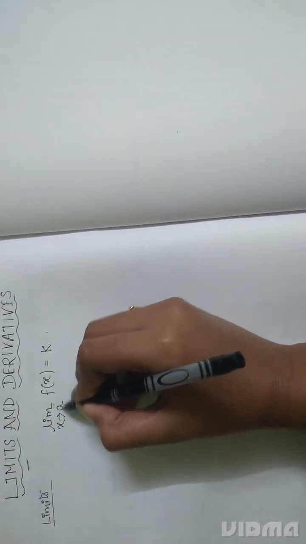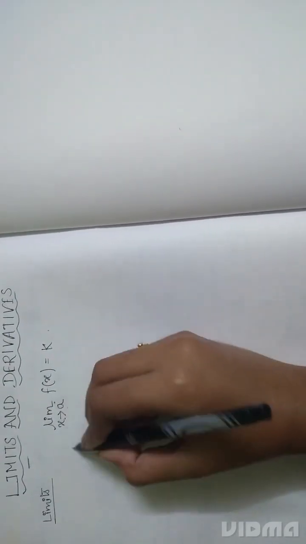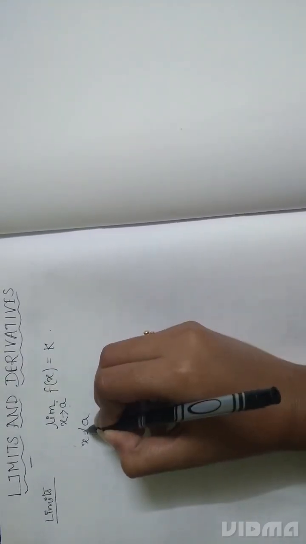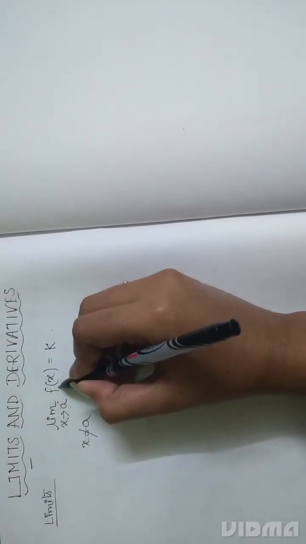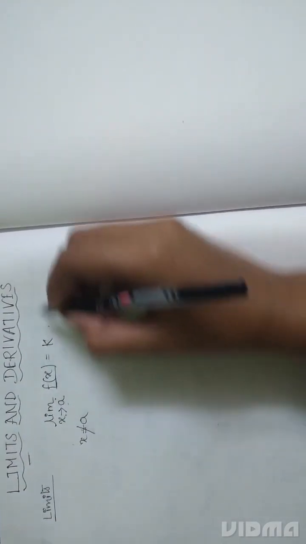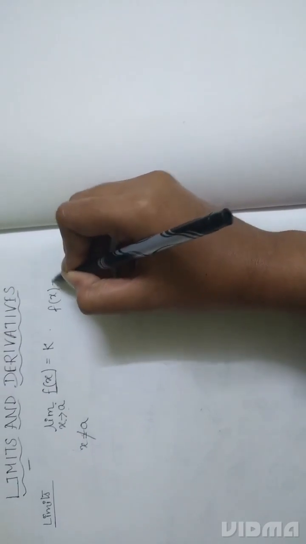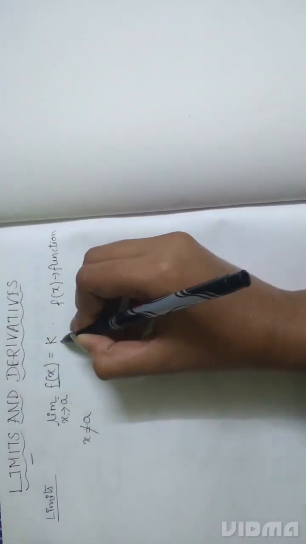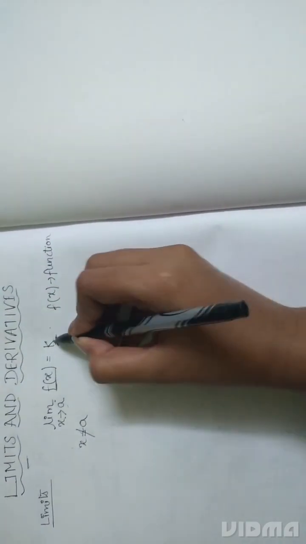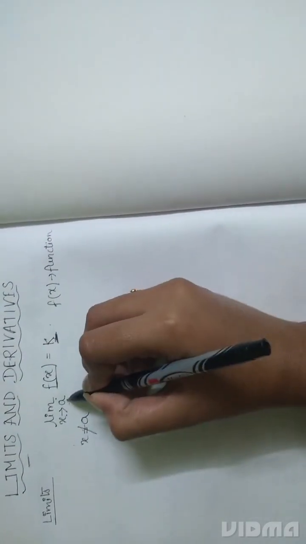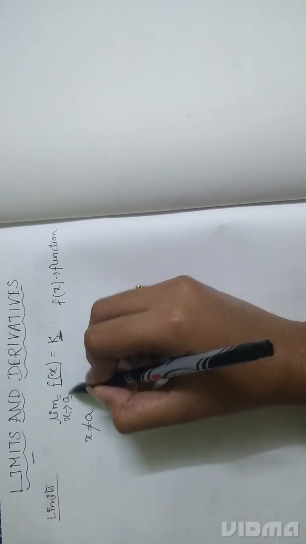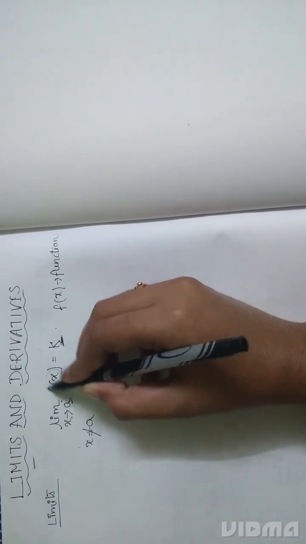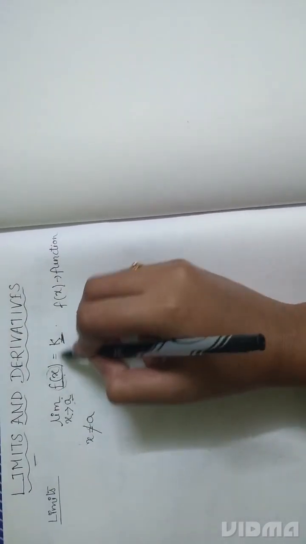Now, x tends to a, x is not equals to a. This f of x is a function, and this k is the answer. And this k depends on the value of a. We will substitute the value of a in the function of x and we will get the answer.